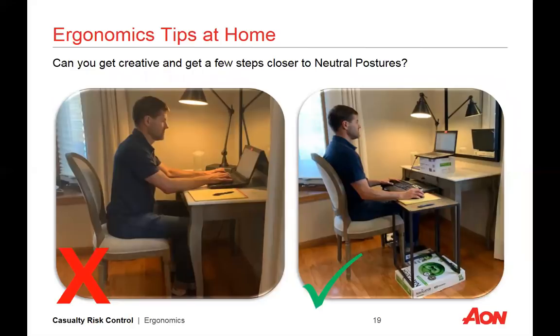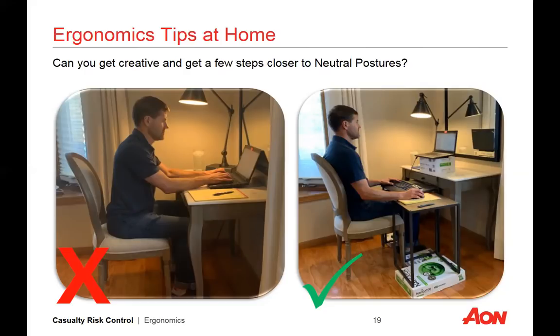Again, we're going to look at that scenario and say, what else can we do to further improve our postures? And so in this case, small side tables were used, one for the keyboard and then one for the mouse on the side. And the heights weren't exactly perfect. So again, boxes or reams of paper, boards, different items can be used to get the furniture at the right height for you.